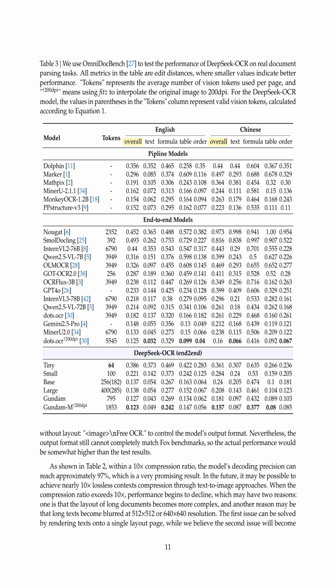For the DeepSeek-OCR model, the values in parentheses in the tokens column represent valid vision tokens calculated according to Equation 1. Model, Tokens, English, Chinese. Overall, text, formula, table, order.